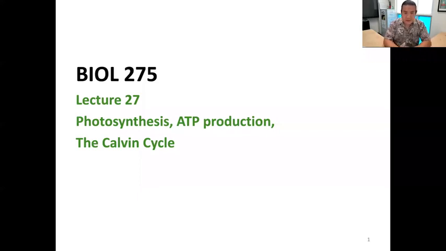Today we'll continue talking about photosynthesis, the way that plants make ATP from harnessing sunlight. We started with that conversation last week on Friday when we introduced that photosynthesis consists of two different parts.